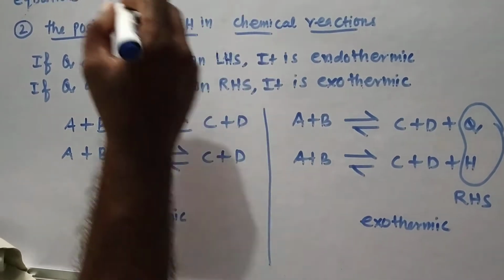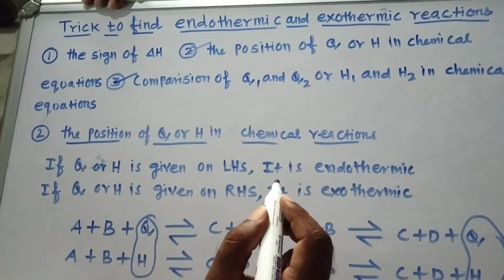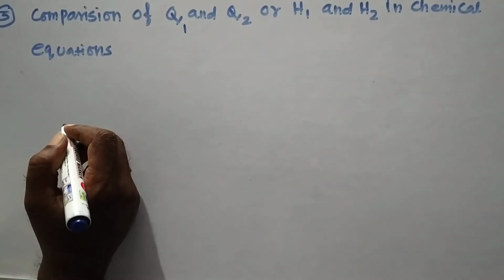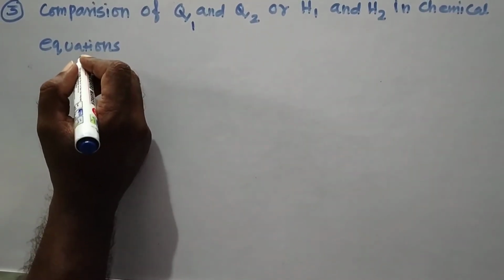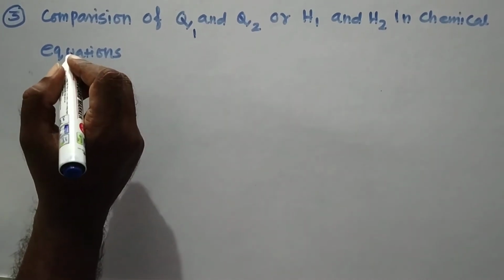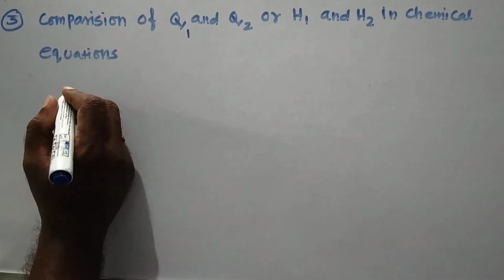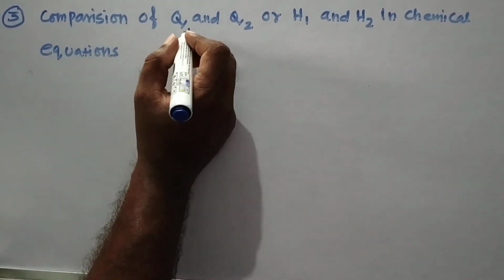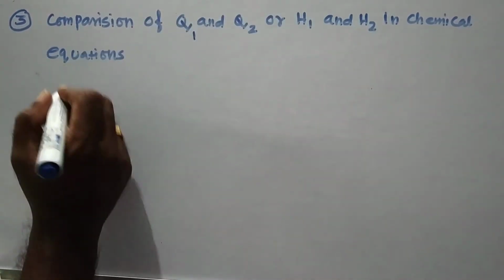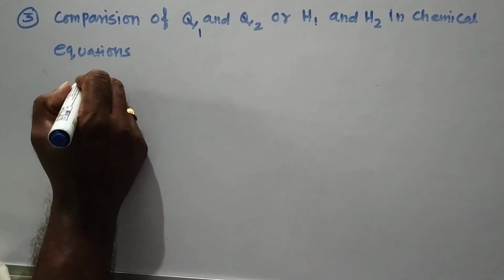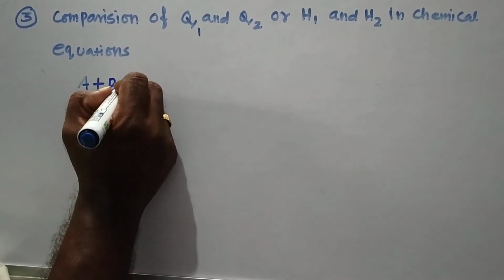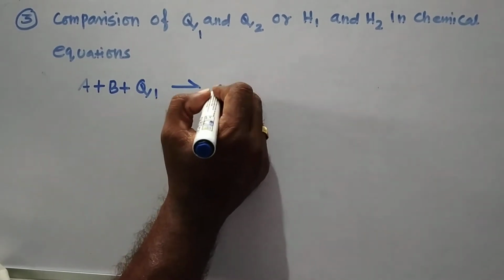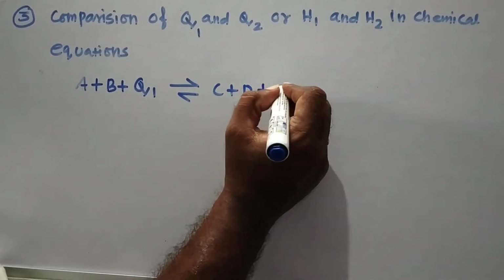Okay. Now we are going to see the third factor, comparison of Q1 and Q2 or H1 and H2 in chemical equations. For example, A plus B plus Q1 gives C plus D plus Q2.